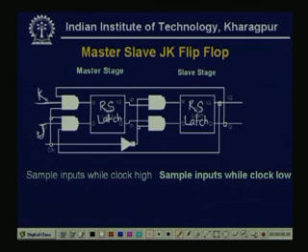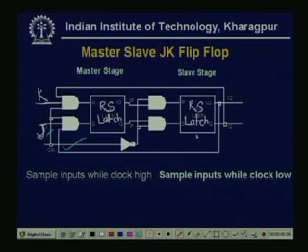And the clock, see here, this is a very important portion: the clock is inverted. So, the first RS latch gets the clock as it is, whereas for the second latch the clock is inverted.